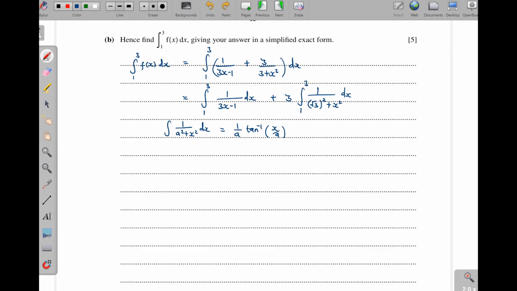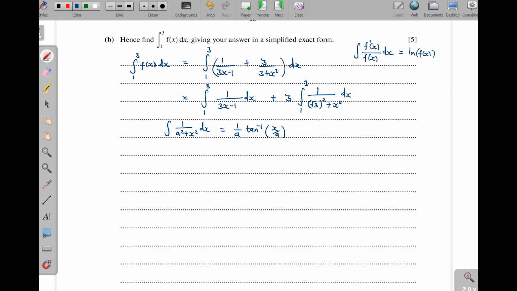Then here, since I'm seeing a constant and I can differentiate this, when you differentiate this, you are getting a 3. Not so? And we know that if you integrate and you see that the numerator is the exact derivative of the denominator, then what you get is the natural log of the denominator, okay?